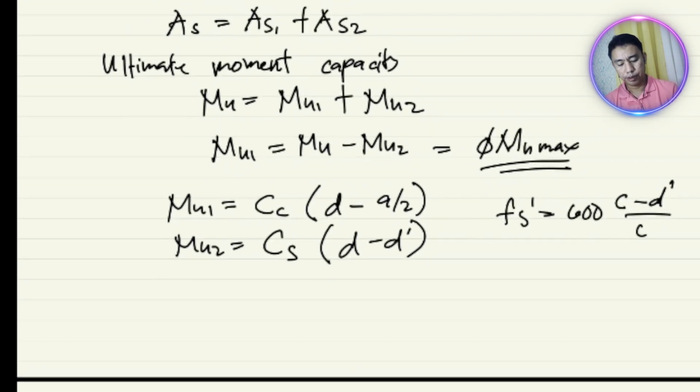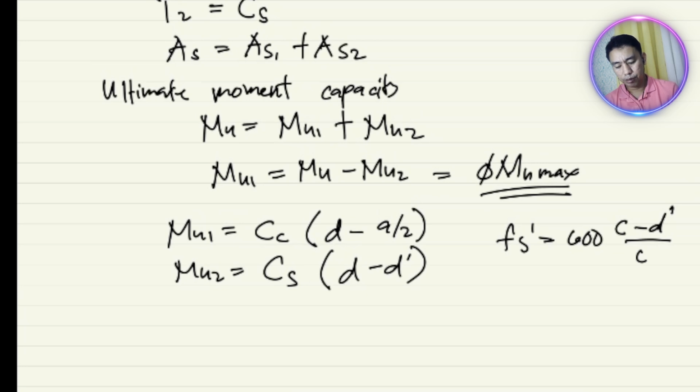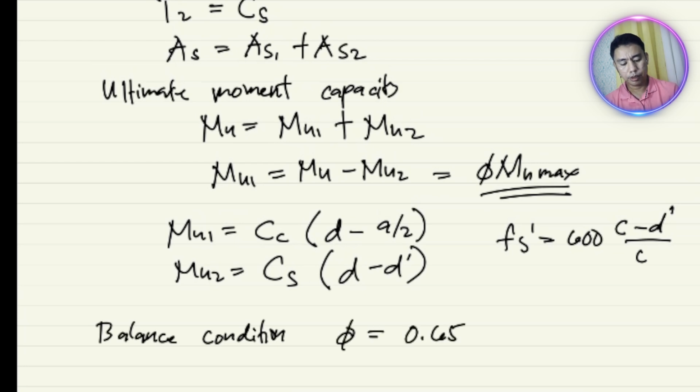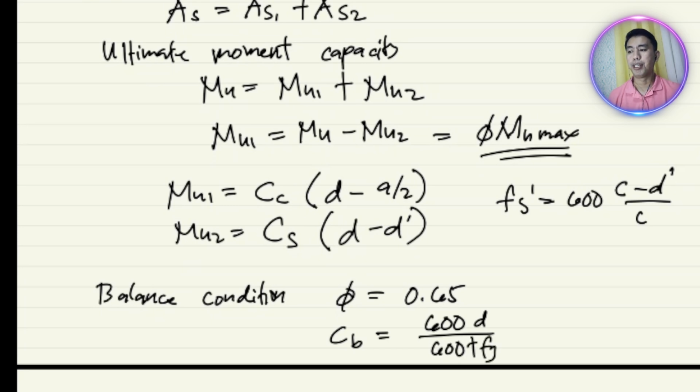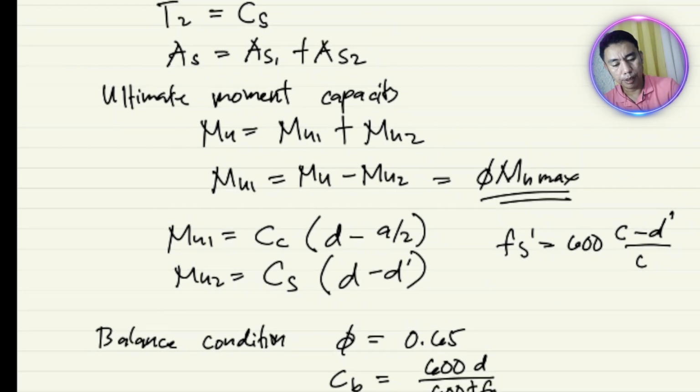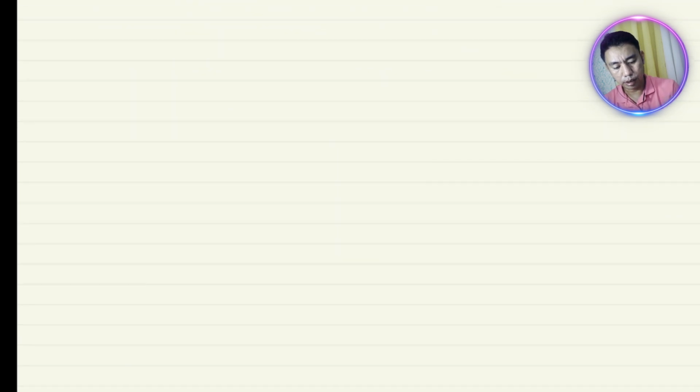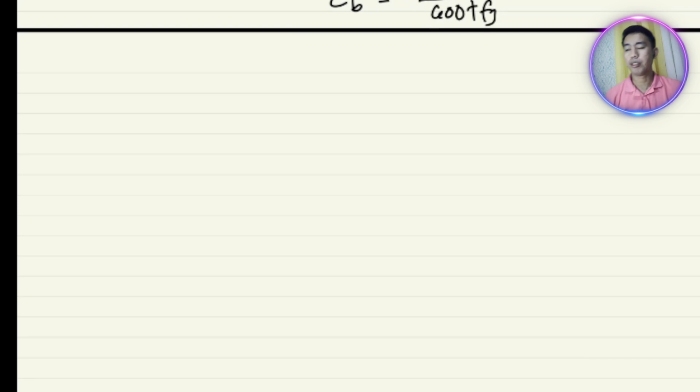Okay. Now for balance condition, phi is equal to 0.65, wherein we can solve the C balance. Pareho lang ito ng formula, 600 D over 600 plus Fy. Let me add section. Okay.